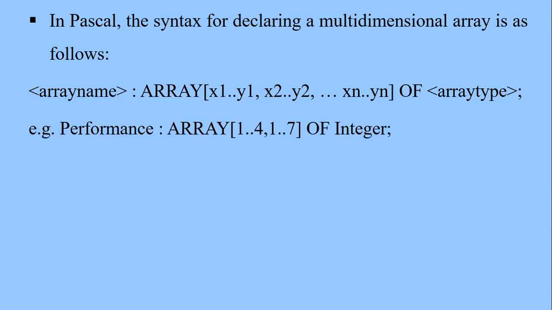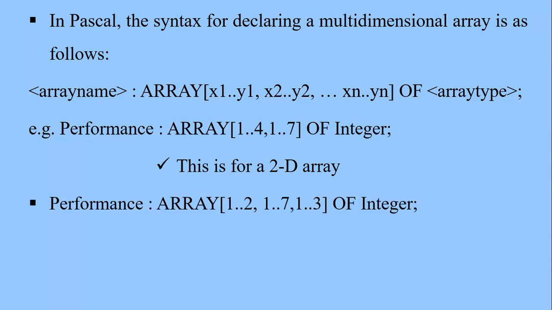For example, the array name is performance. The array has 2 dimensions, where we have the first dimension being 1 to 4, and second dimension being 1 to 7 of integer, and therefore this declaration is for a 2-dimensional array.